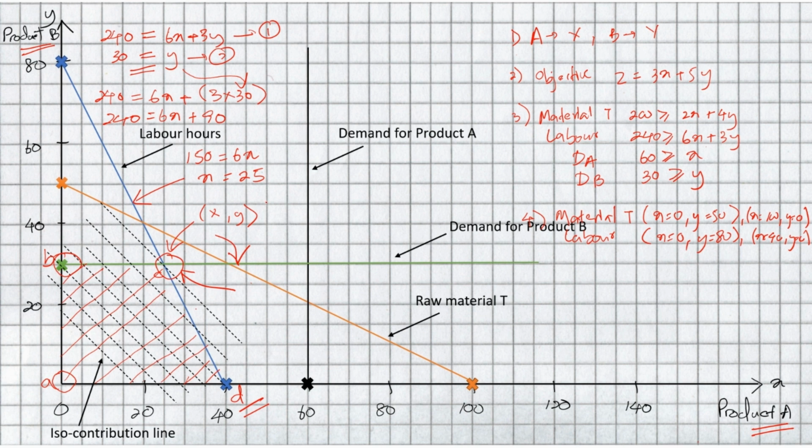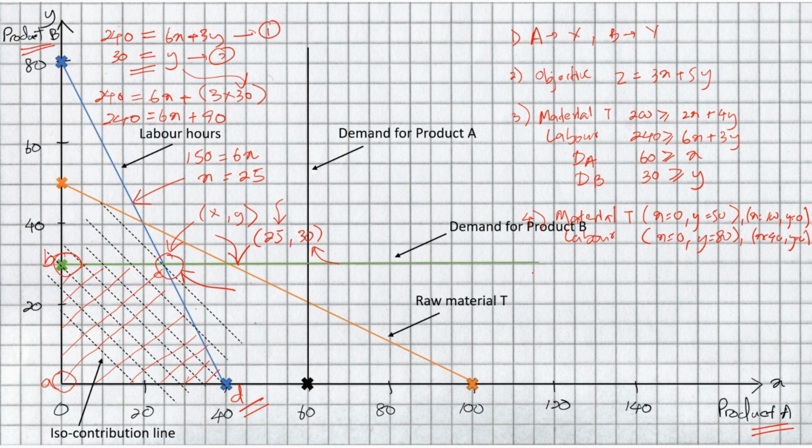Now we have the values for the optimal feasible point. When x is 25, y is 30. This means the company is going to produce 25 units of product A and 30 units of product B.